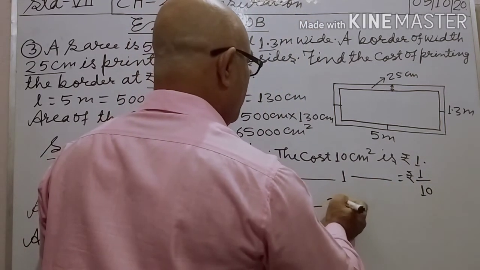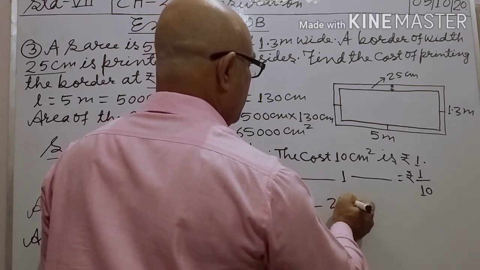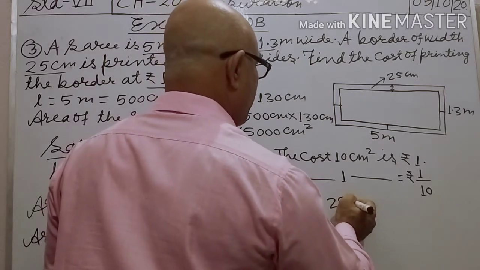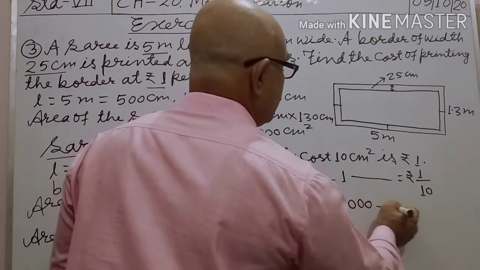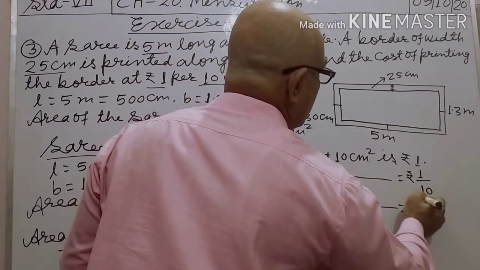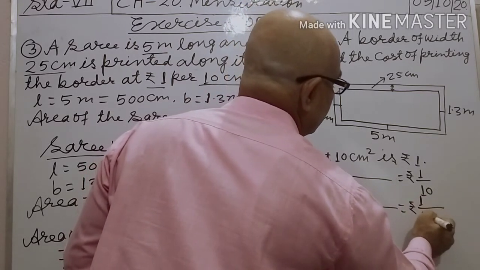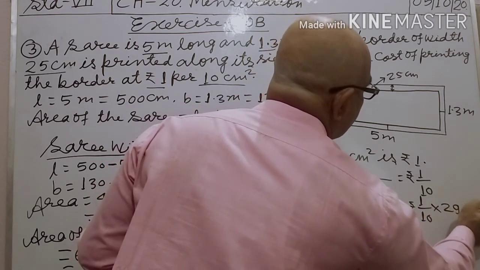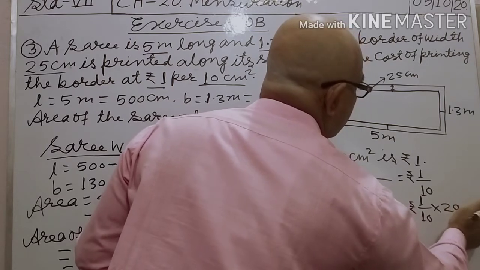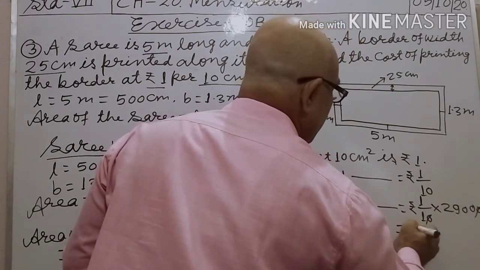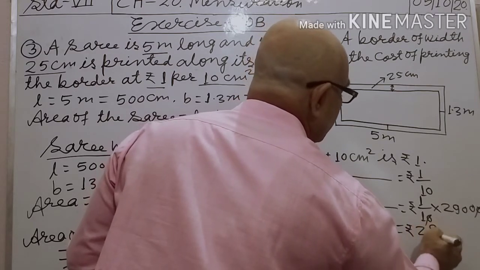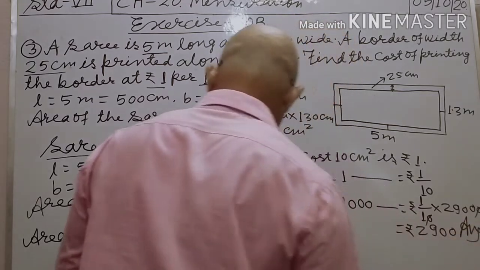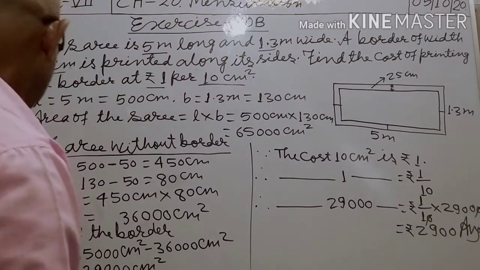Therefore the cost of 29,000 cm square equal to rupees 1 by 10 into 29,000, equal to rupees 2,900. Answer of this question. Students, understand and write it.